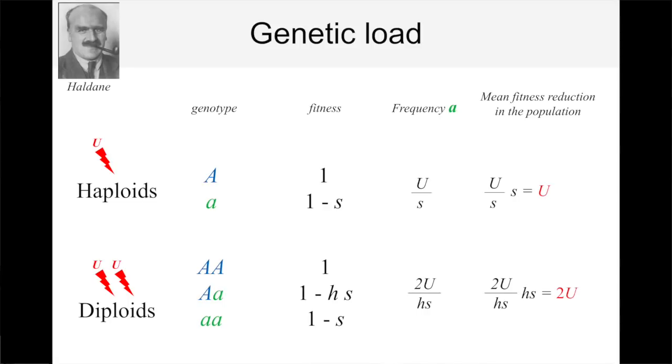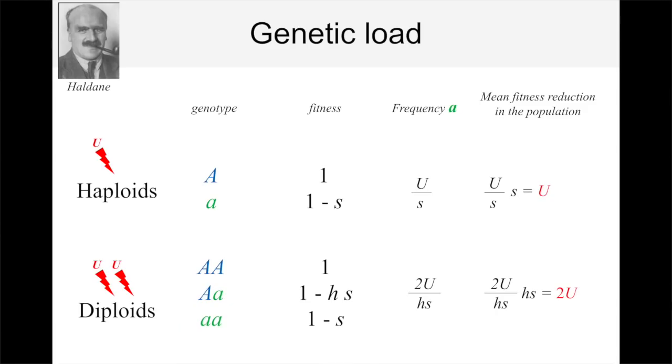The genetic load, meaning the fitness reduction in a population due to deleterious mutation, just depends on the mutation rate, and is twice as big in diploids because you've got twice as many genes. So it is not dependent on the intensity of selection on those deleterious alleles.